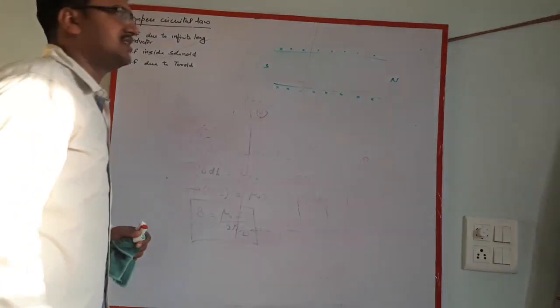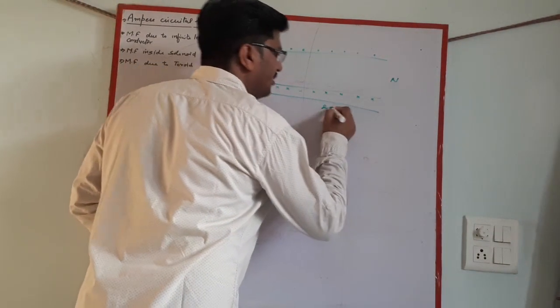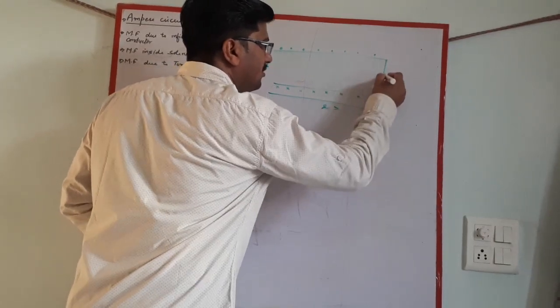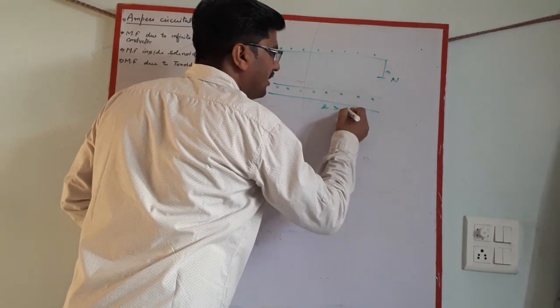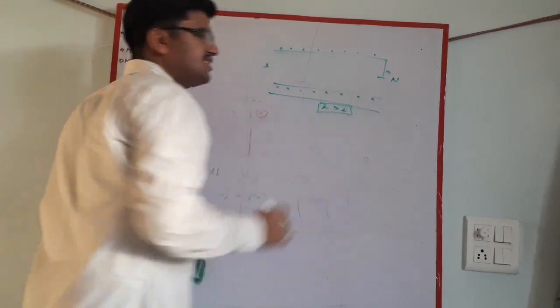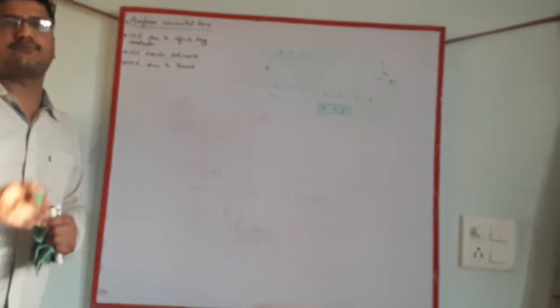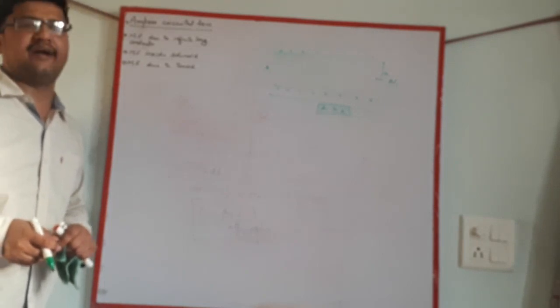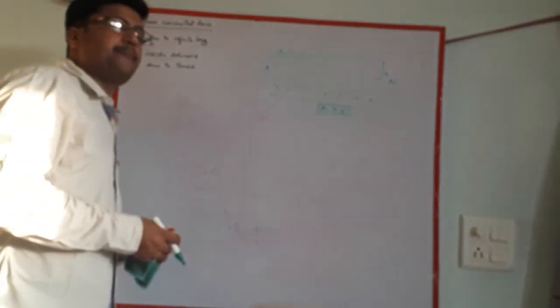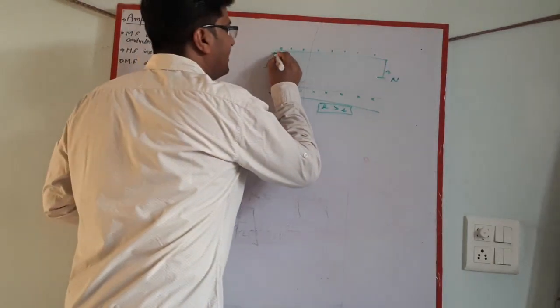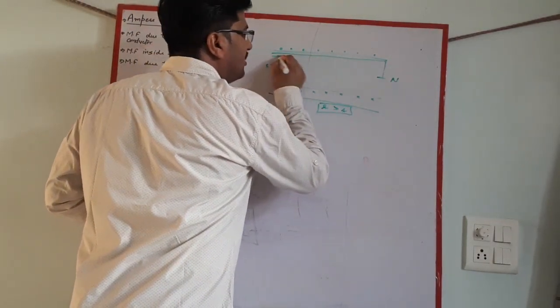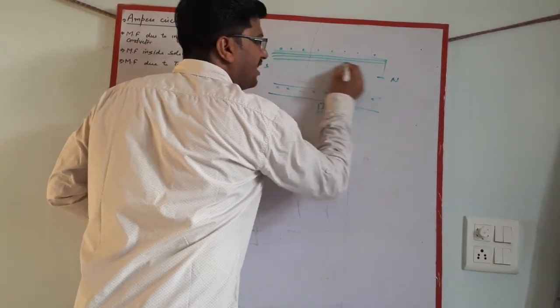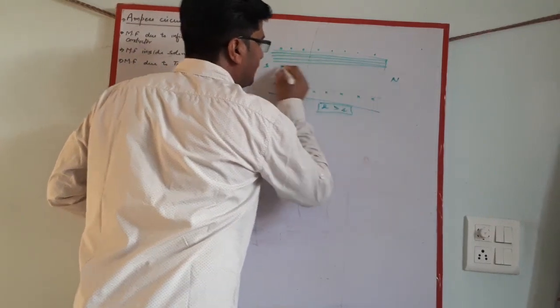A long solenoid means the length is greater than the radius. If the length is much greater than the radius, that type of solenoid is known as a long solenoid. And in a long solenoid, the magnetic field inside the solenoid is uniform. That means parallel magnetic field lines are there.